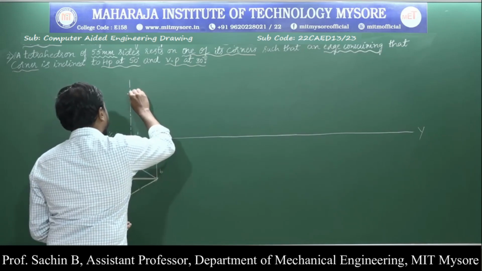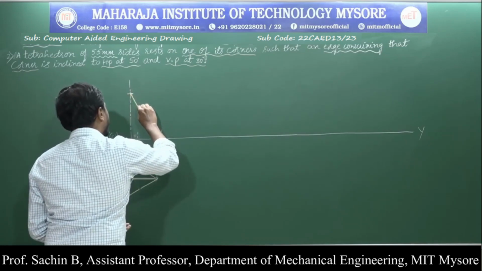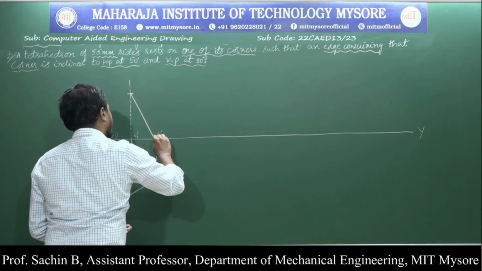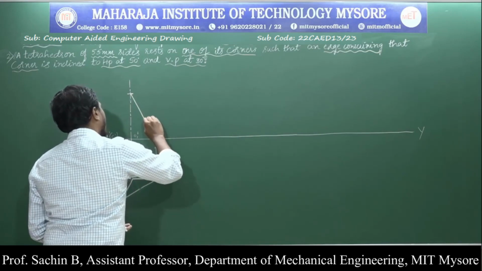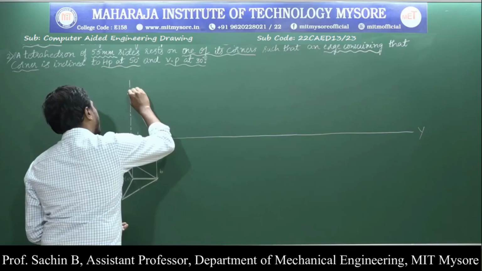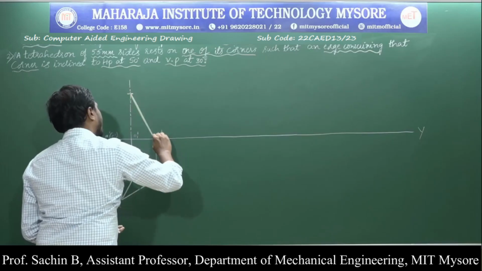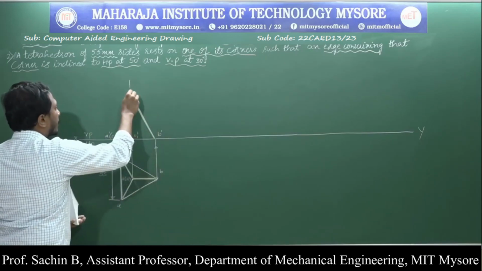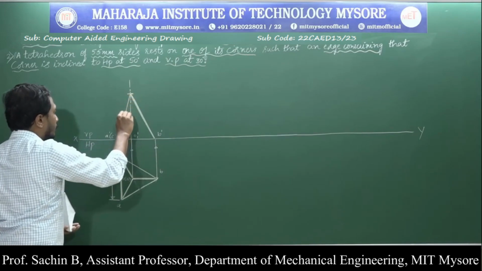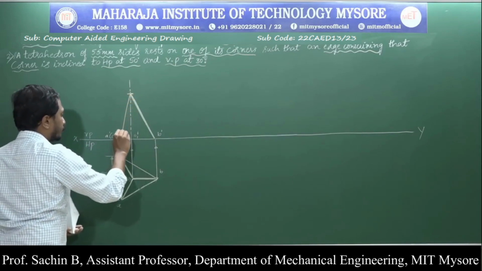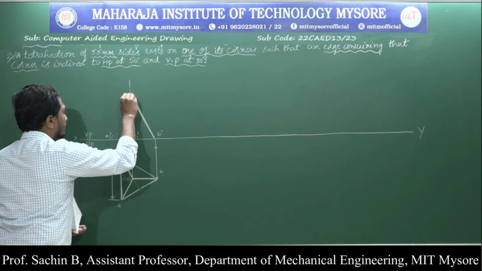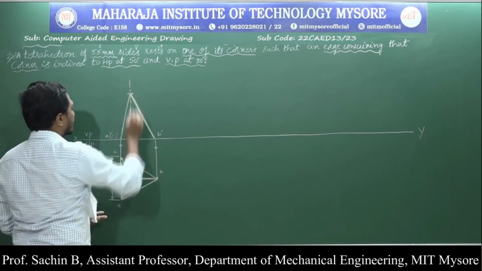Next I will join O dash to P dash. This length, if I measure it, will be exactly 55 mm. Now I will join this A dash to O dash.